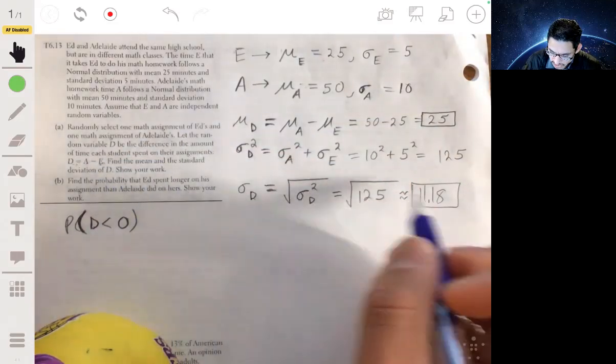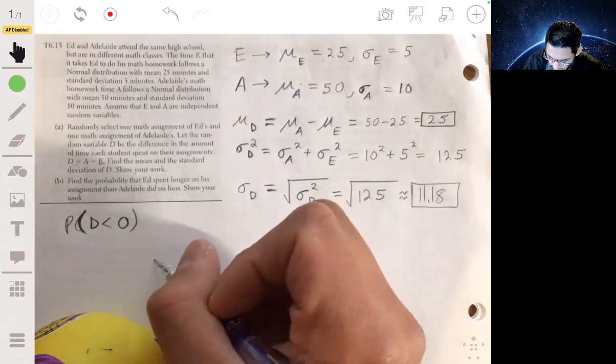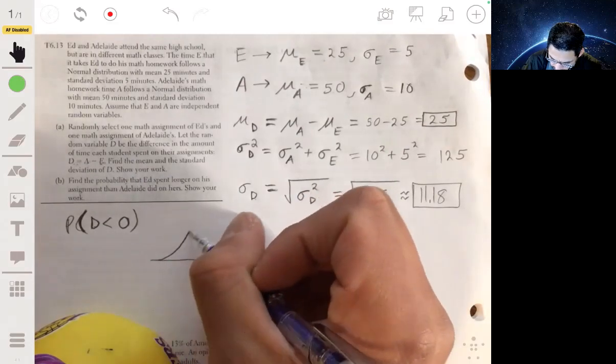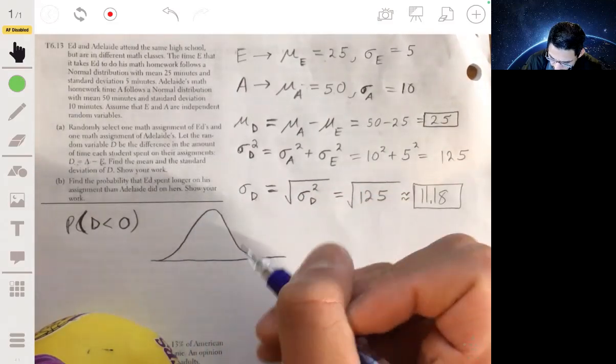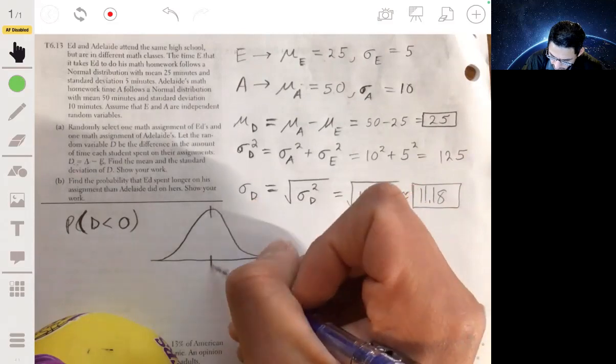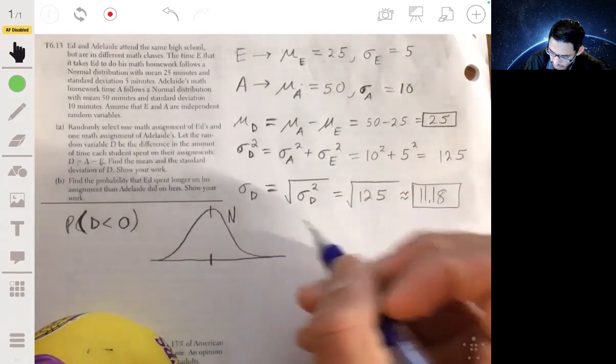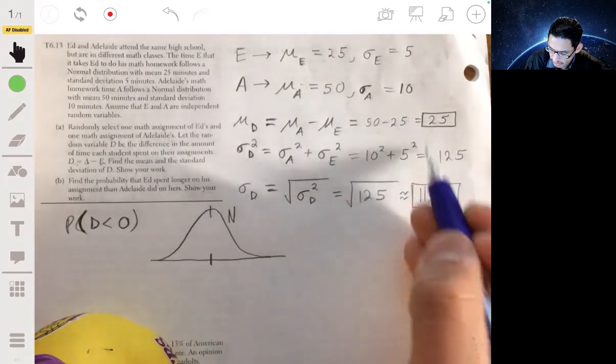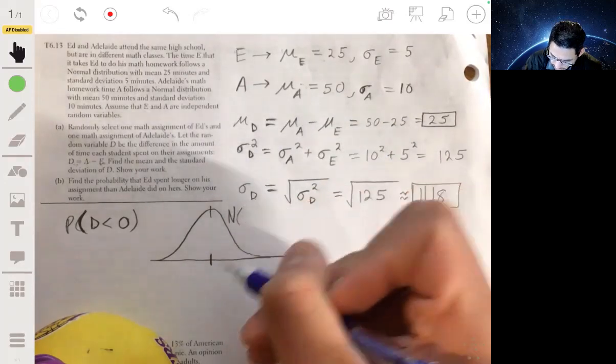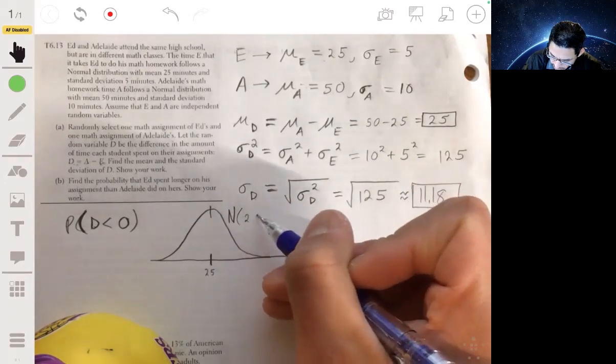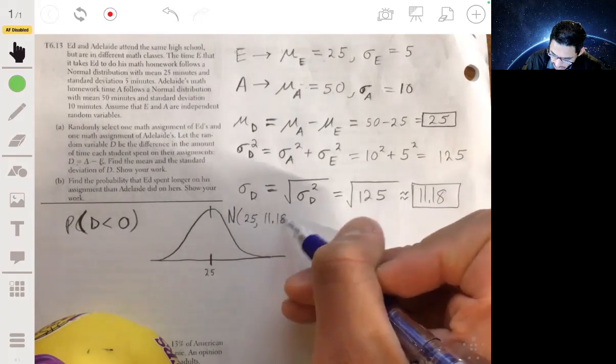So let's just draw a little sketch of what's going on here, because this is always easier to explain. I love having pictures to back up what's going on. Remember, we have a normal distribution of D with a mean of 25 in the middle, and a standard deviation of 11.18.